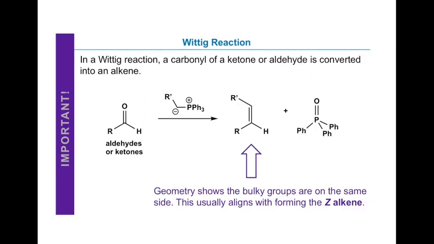Okay. Now that we've got this nucleophile, we're going to make a double bond. For Wittig, the most important thing: a Wittig reaction will generally put the two bulky groups on the same side of the alkene. That's not E or Z necessarily. That is cis to each other. Now again, if you started with an aldehyde, and a lot of the time we start with simple monofunctional compounds, these will build Z alkenes.